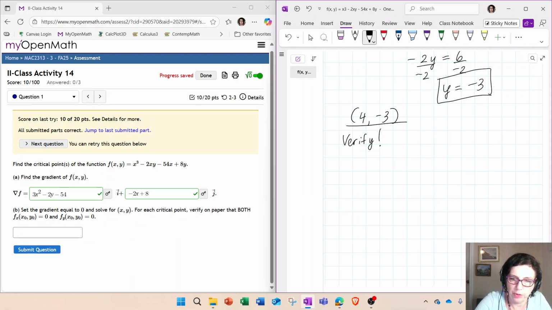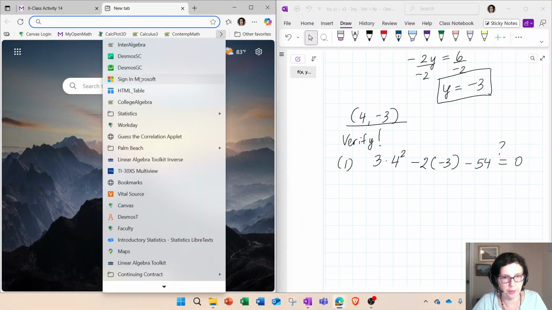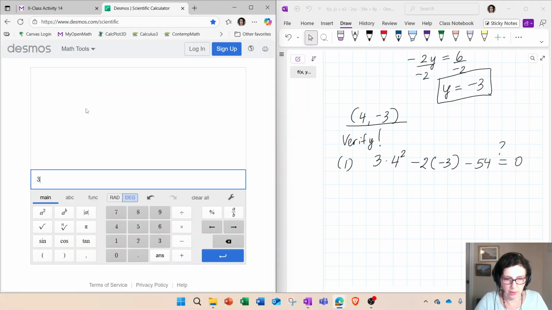The first one is substituting x equals 4 and y equals negative 3 into the first equation: 3 times 4 squared minus 2 multiplied by negative 3 minus 54 equals 0. Yes or no? Let's open the calculator and insert that.